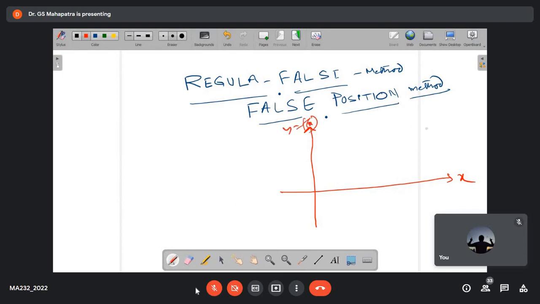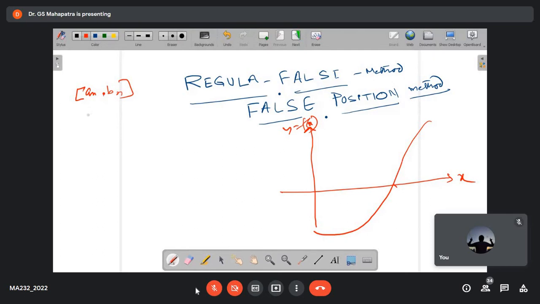We have to find the root of this curve, and the root is this one. Similar to the bisection method, we consider one interval An, Bn such that at least one real root exists.